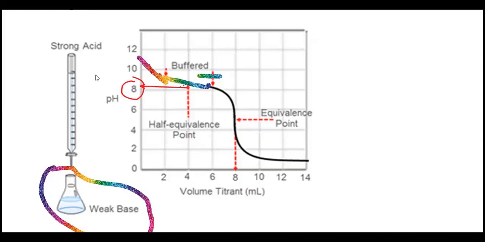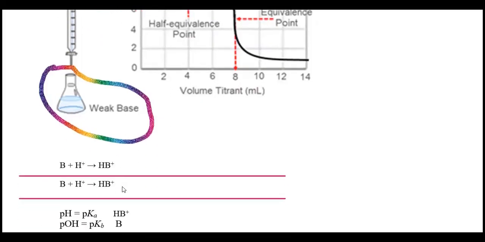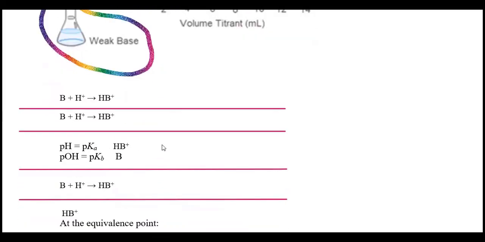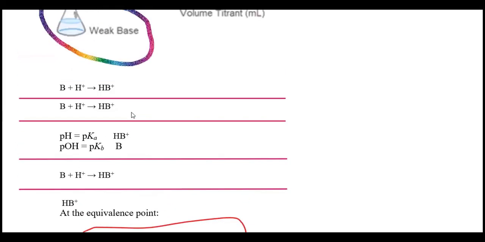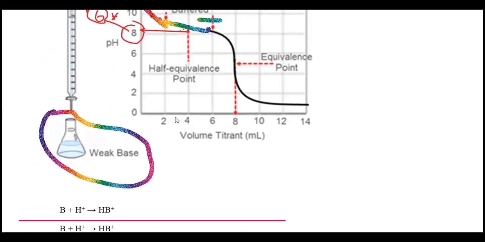Use, in this case, 14 minus 8, which is 6, the pOH. pOH is 6, because these two add up to 14. So you can find the strength of the base from the pH, but you've got to subtract the pH from 14. This is the same Ca Va, the only thing is your equivalence point is now going to be acidic rather than basic.